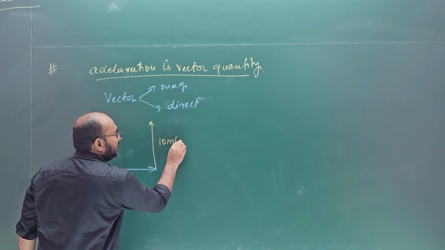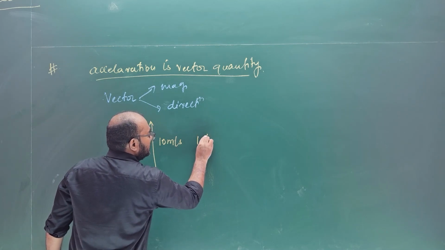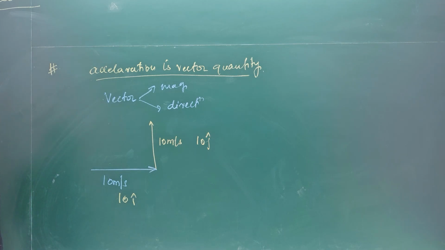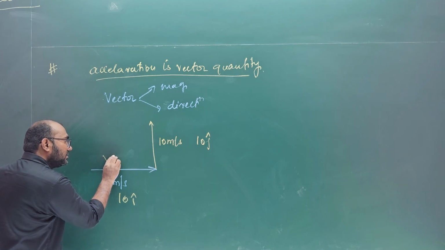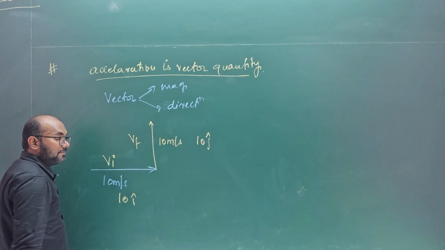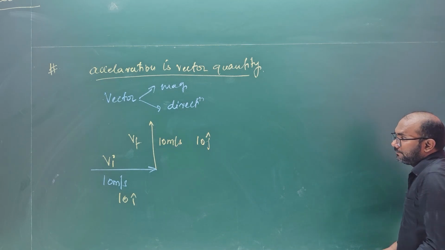Now the body is moving in the j cap direction. So can I say that this is nothing but 10 j cap, and this is nothing but 10 i cap? Initially the body is moving in this direction, so can I say this is your initial velocity, and this is your final velocity? Okay, now tell me what is acceleration.